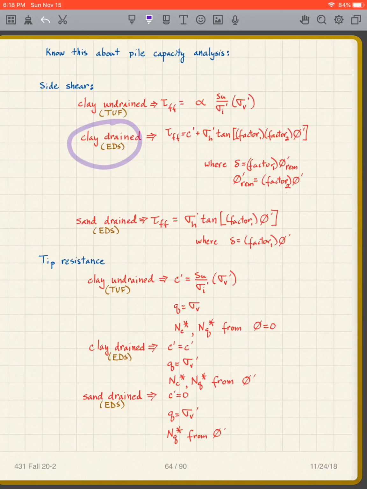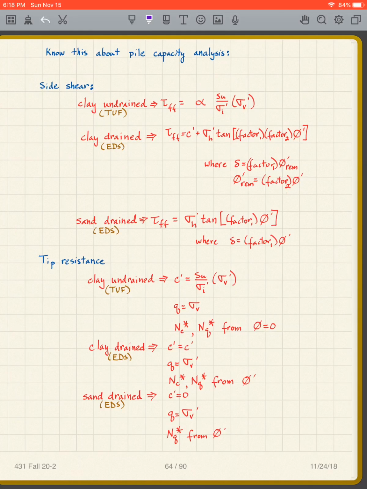For clay drained, which is EDS, EDS, then I use my drained envelope. And we're putting in all these factors. So there's a factor there, but then I've got factor and factor here times phi prime. So what do I mean by the factors there?